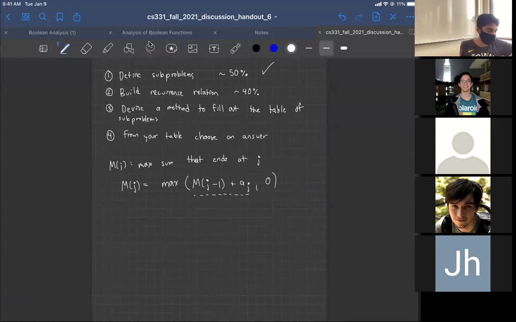So it's the max between the maximum sum that ends at j minus 1 plus the jth element, or just the empty set. So either we include the jth element, or we don't. That logic is kind of common: you either include this element or you don't. Does that make sense?